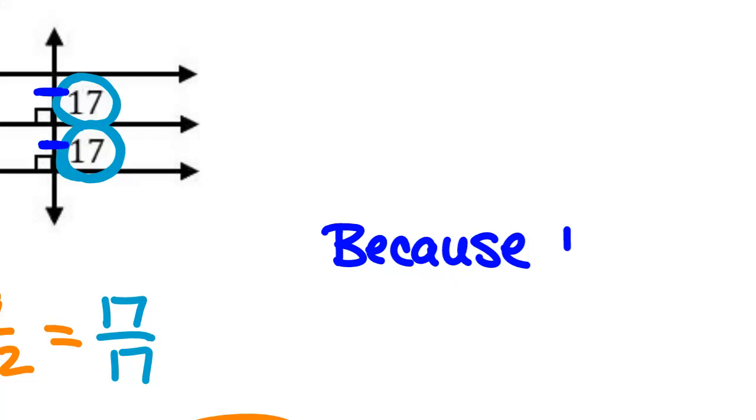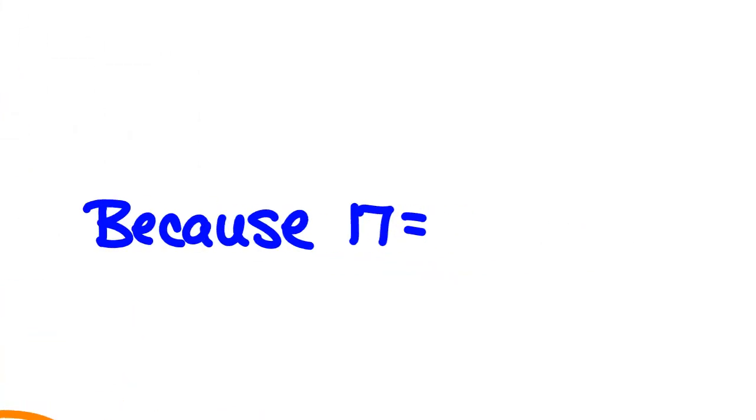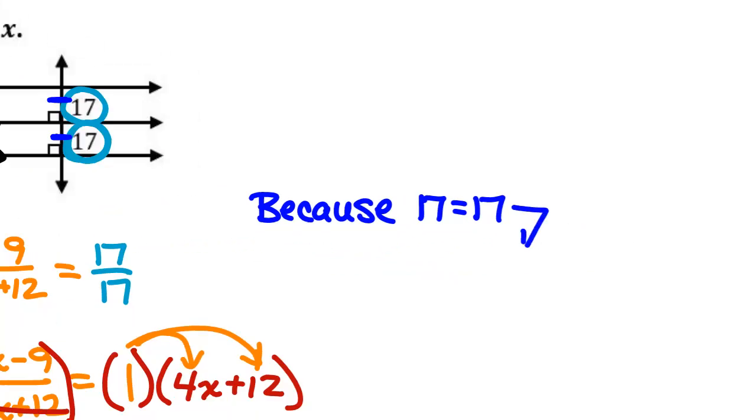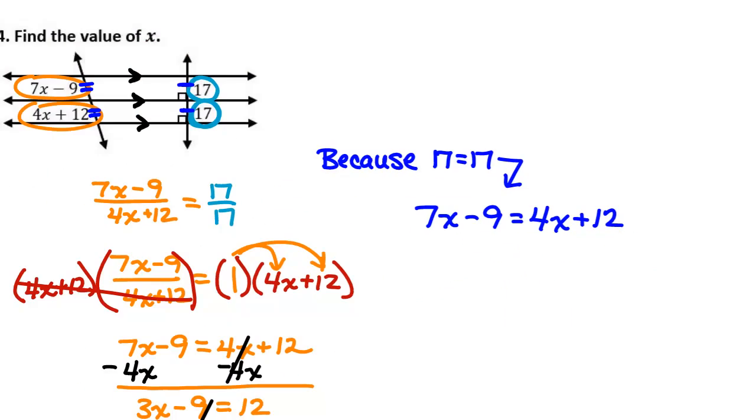So because 17 equals 17, I can jump right to this step where I would say 7x minus 9 equals 4x plus 12, which I did eventually get to in the other way we set this up. But I can take that shortcut when I have congruent segments. If 17 was on top but 17 wasn't underneath, then I would have to set it up the way I did originally. If they're not congruent, then I cannot take that shortcut.